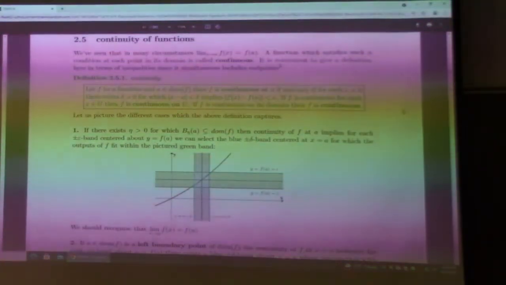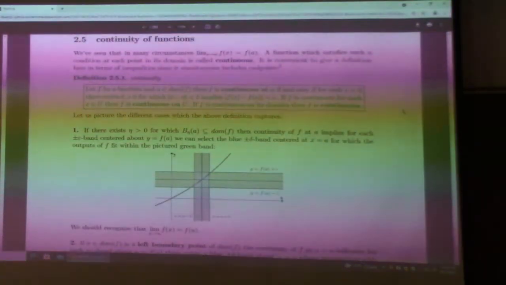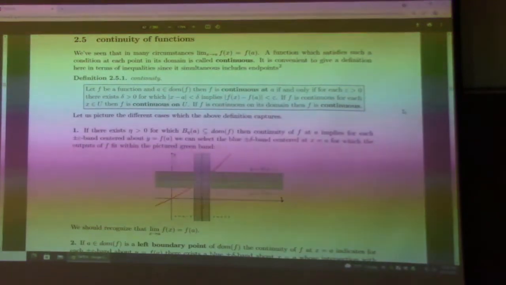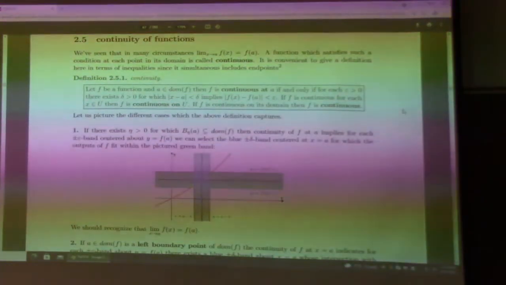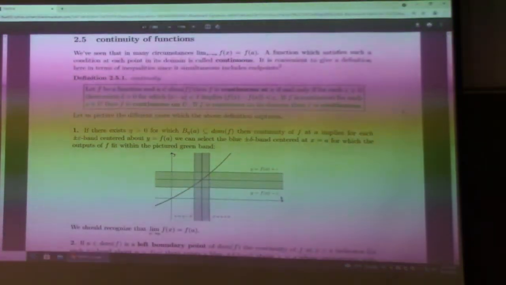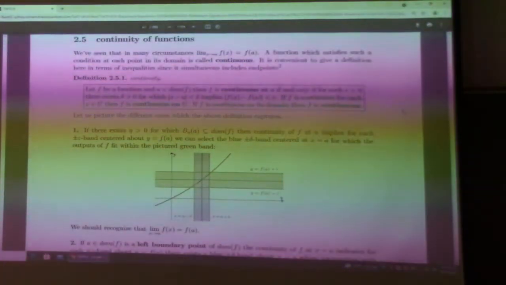If f is continuous for each point in a set U, then f is continuous on U. If f is continuous at each point in its domain, then f is said to be a continuous function, right? So a continuous function is one which is continuous at each point in the domain.